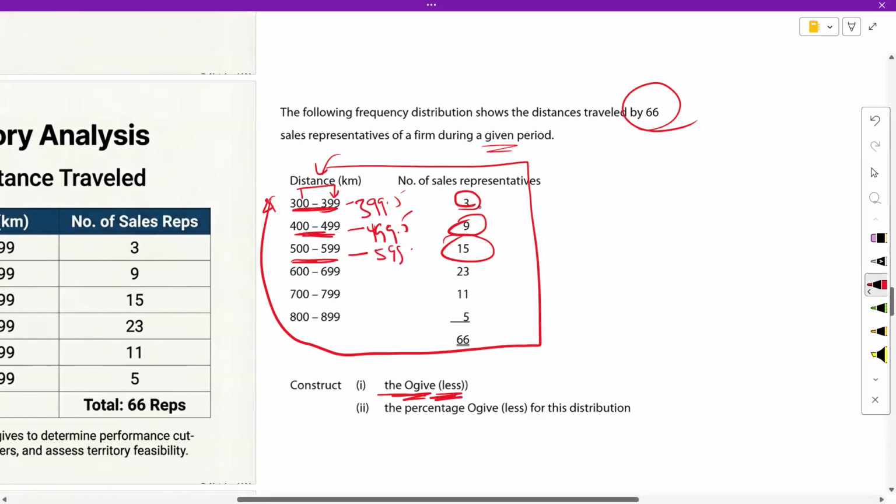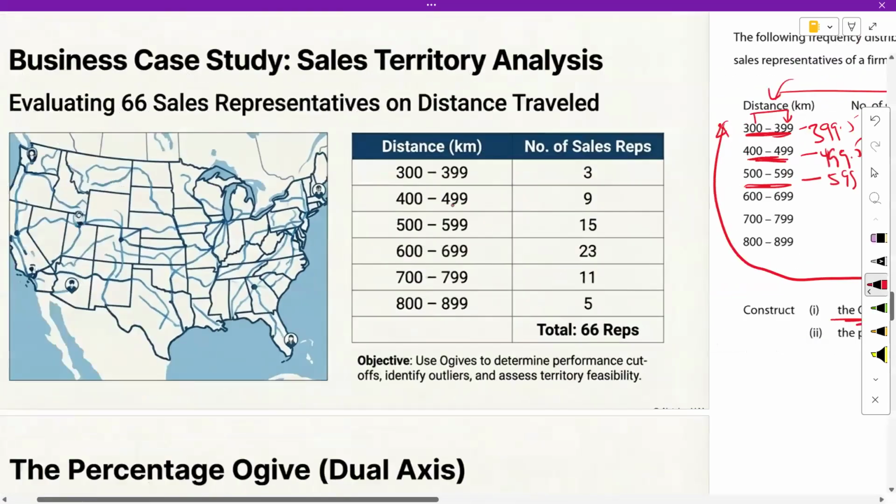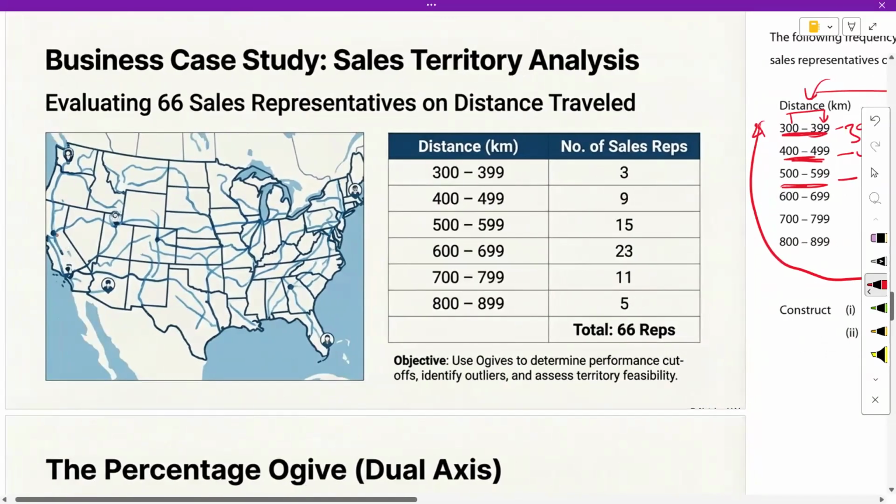In that way, we have to construct it. So this is the question. The objective is evaluating 66 sales representatives on distance traveled. Here the kilometers and sales reps are given.